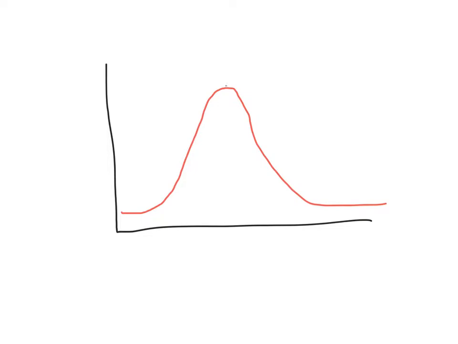The average height for women is, let's say, 5'2". Okay. Down here is 4 feet tall, and up here is 7 feet tall. And then at the same time we would also have another distribution.